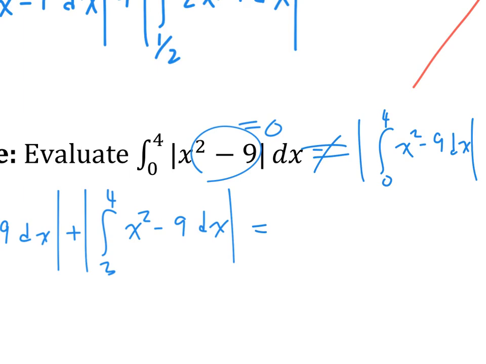No, it's positive. It has to be positive. Is it positive? No. Okay, for the sake of time, 64 over 3. It has to be positive. We made everything positive. Well, that's what we got.